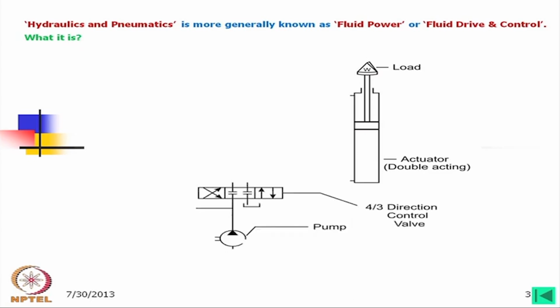Now, what we can introduce is a valve which is named as 4/3 directional control valve. I shall describe later what is meant by 4/3 direction control valve, but looking into this, what we find is that pump is connected to one port, and then there are two ports at the top and another bottom port which is apparently draining the oil.